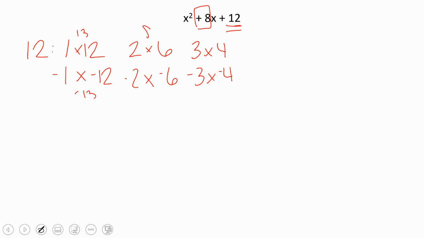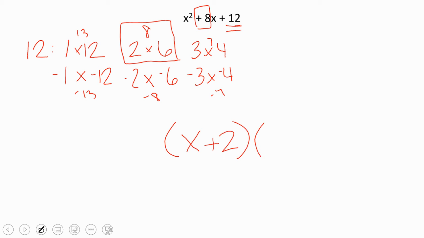When we add these, we get 8, negative 8, 7, and negative 7. So the factors of 12 that add to give us 8 are 2 and 6. So when you factor, you have x plus 2 because it's a positive 2, and you have x plus 6 because it's a positive 6. 2 and 6 multiply to give you 12, and they add to give you 8.